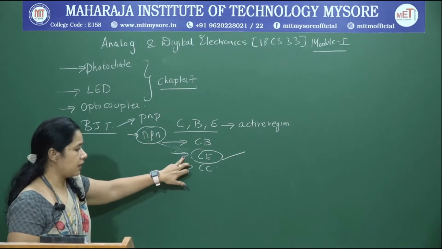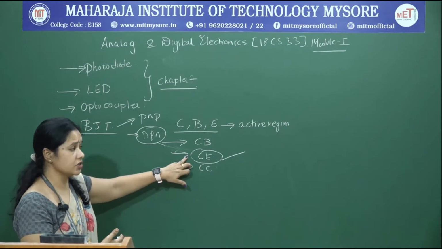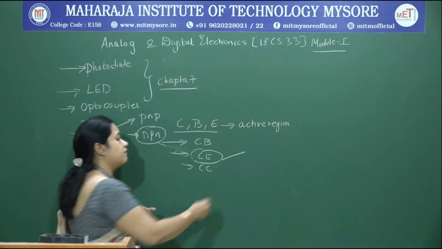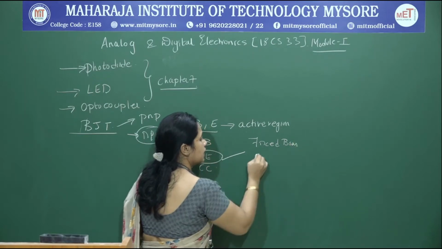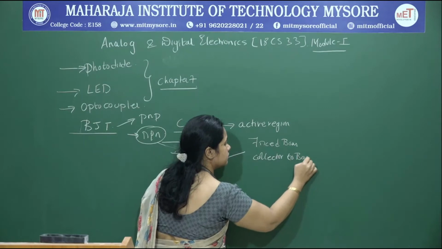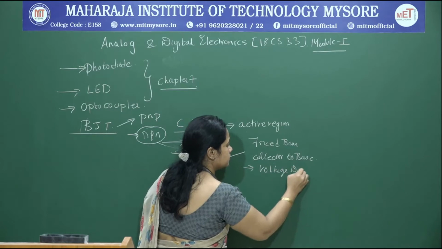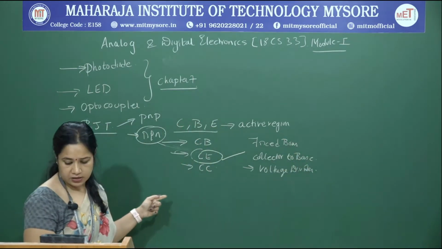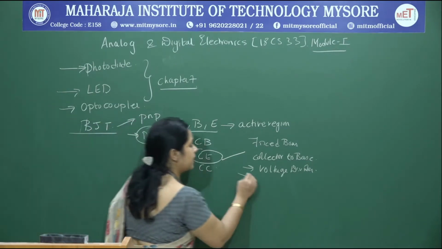And to connect your transistor in the common emitter active region, there are various ways. We have fixed bias, collector to base bias, voltage divider bias, and we also have emitter bias or self bias.